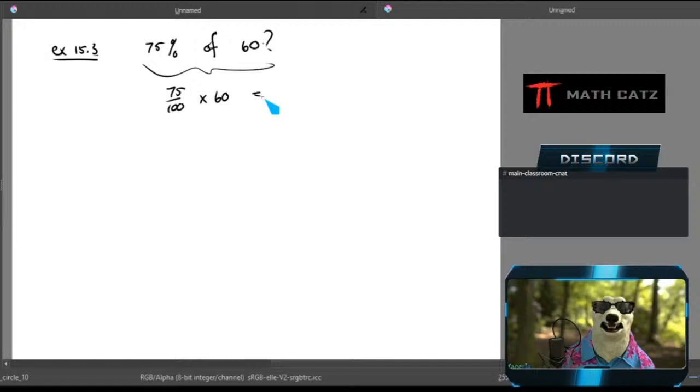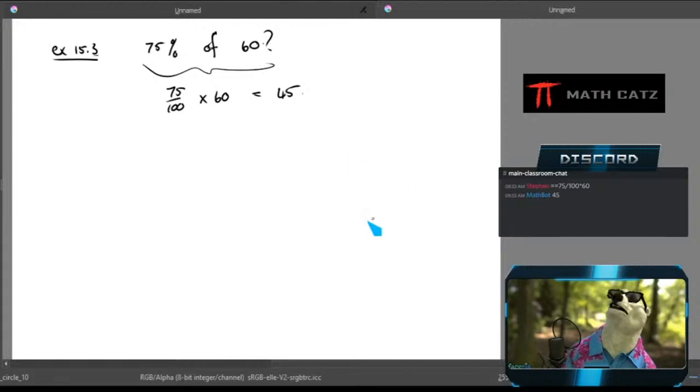Calculate that. It's probably as easy as it gets with a calculator. 75 divided by 100 times 60. And it's 45 pieces of candy or whatever unit I'm working in with this 60.